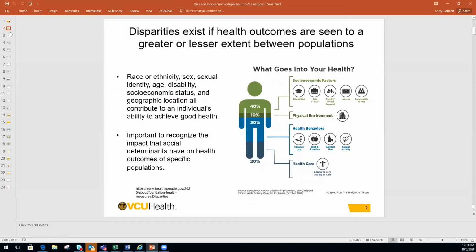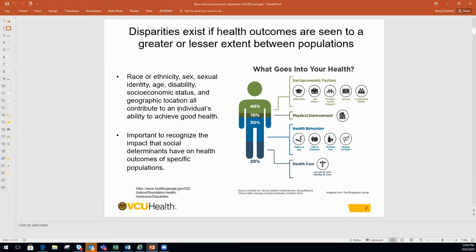So, just to get started, disparities essentially exist if health outcomes are seen to be at a greater or lesser extent between populations. Disparities are usually associated with race or ethnicity, sex, sexual identity, etc. And I'm not going to read all the details, but it should be noted that socioeconomic status is also one of the factors that can be related to disparities, as well as geography.